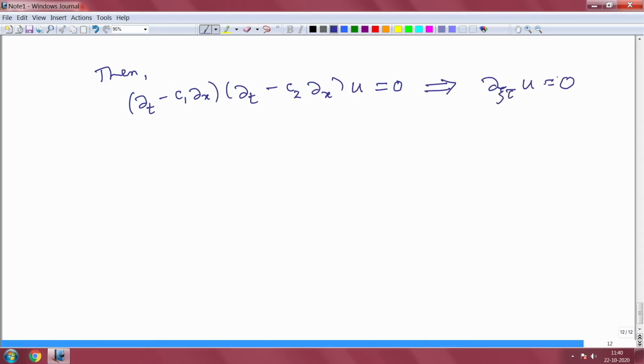So, this equation in the characteristic variables reduces to this second order equation. So, again we can easily integrate that. So, the general solution we can write down.